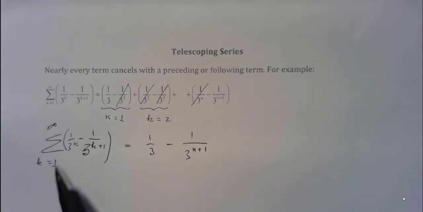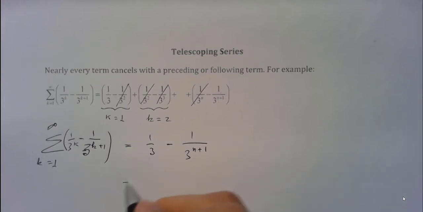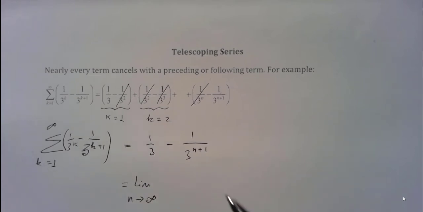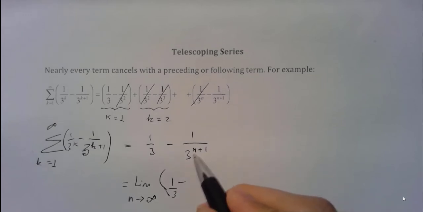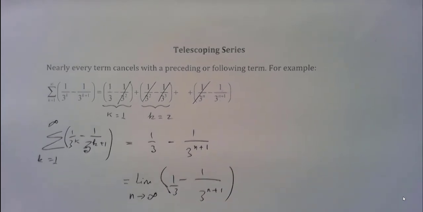Now, because we want the limit of n approaching infinity, this should equal the limit of n approaching infinity, because we have the infinite sum. So you should include the limit of n approaching infinity. And if we do that, we should take the limit.